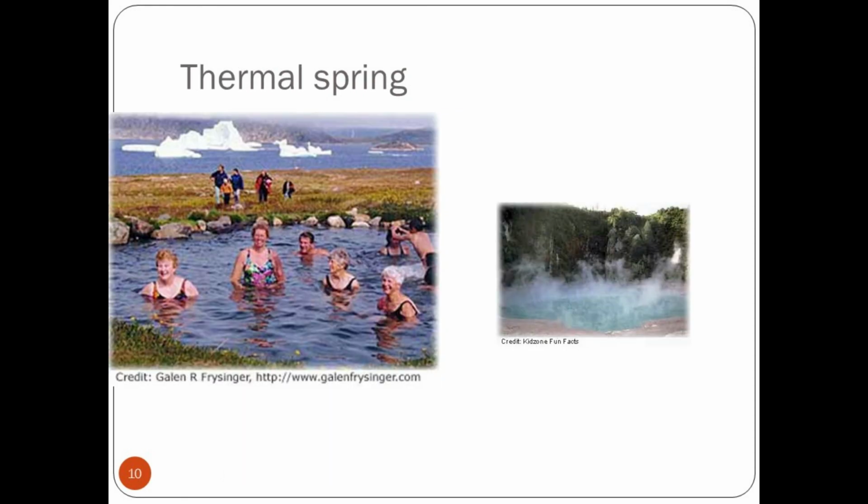A thermal spring, also called a hot spring, is a spring with water at a temperature substantially higher than the air temperature of the surrounding region. Most hot springs discharge groundwater that is heated by shallow intrusions of magma in volcanic areas.